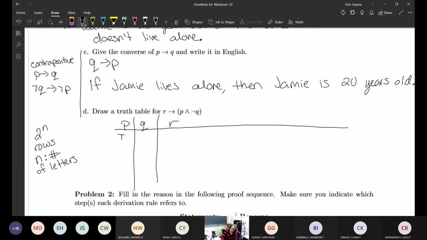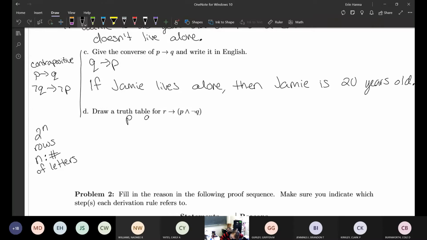So we have true, true, true, true, false, false, false, false for P. Then true, true, false, false, true, true, false, false for Q.